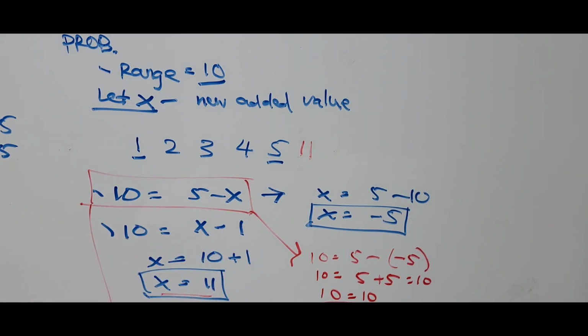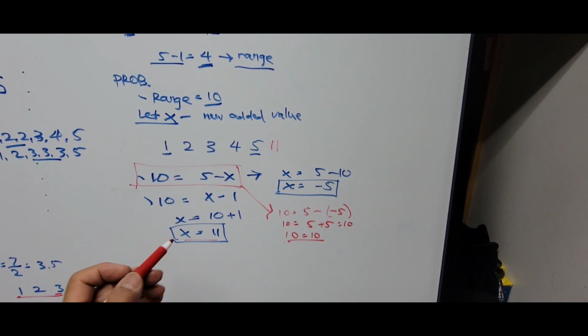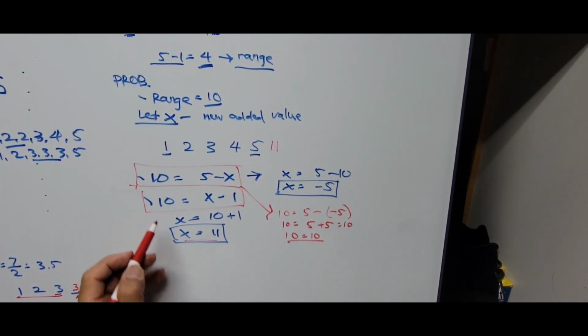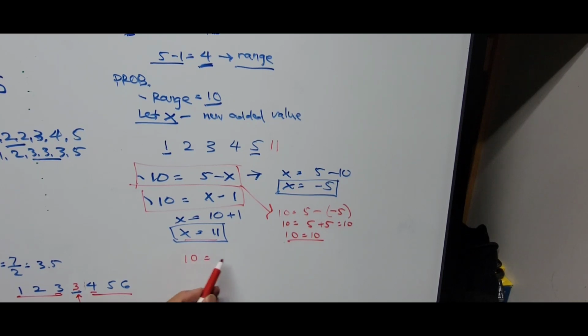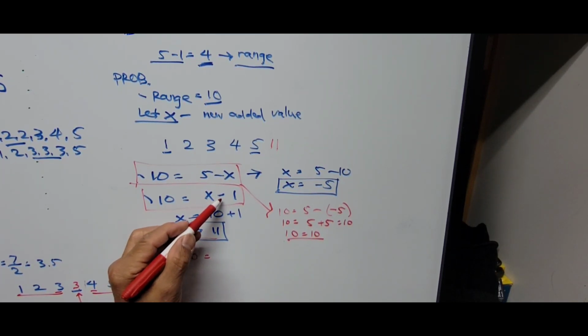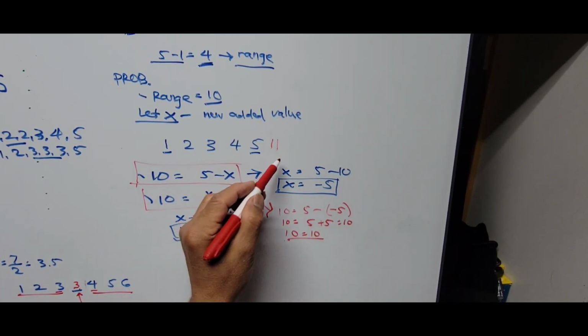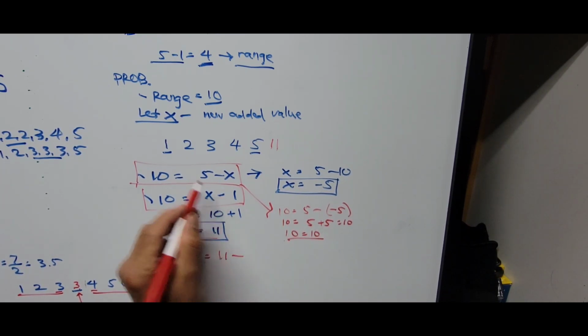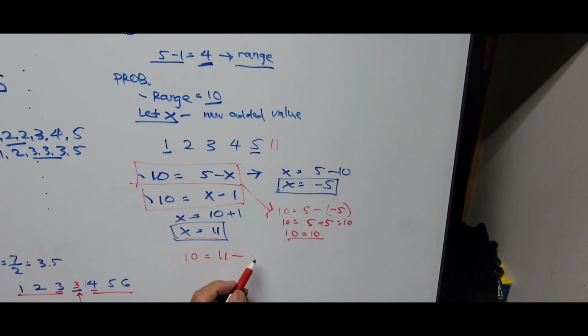To check our answer, we refer now to the equation on the bottom: 10 equals x minus 1. What is x? x is 11, so we substitute 11 minus 1. So 10 is equal to 11 minus 1, which is 10. So that's how we did it.